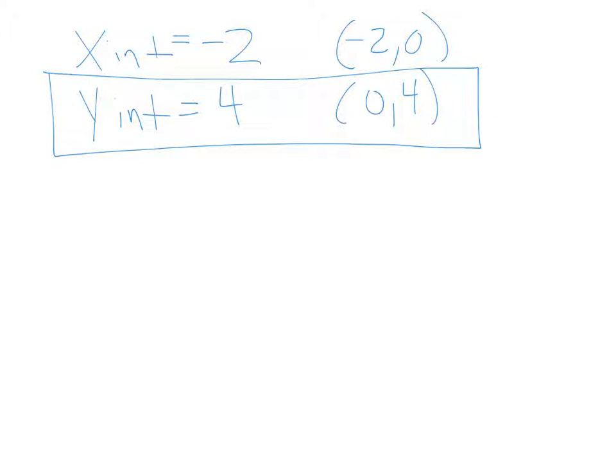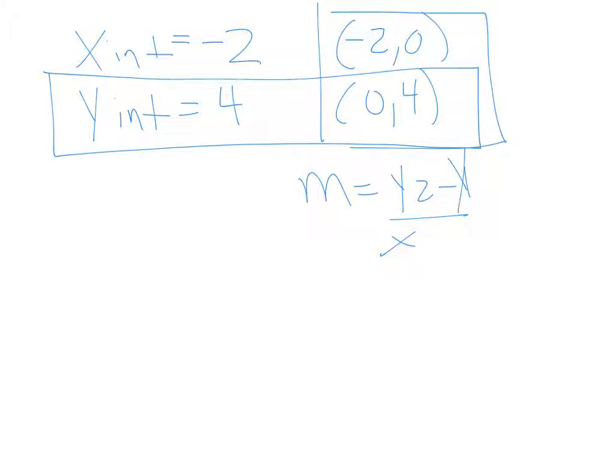So if my point is (0, 4), we can also find slope as well using these 2 points. Let's do that first. So if we're going to find slope, m equals y2 minus y1 over x2 minus x1.